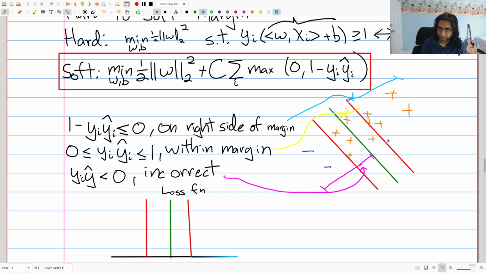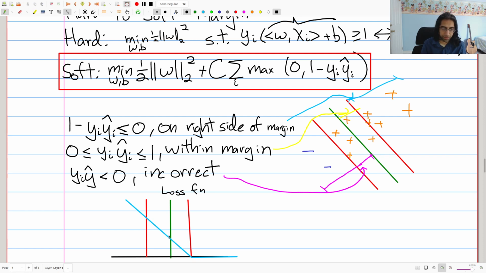That's any point in this blue region here. I'm going to do this all in one color because otherwise it might get too confusing. But any point that crosses this, you pay linearly depending on how far over you are. So this is the loss function, and you can see how this corresponds to the different regions we drew in this picture.